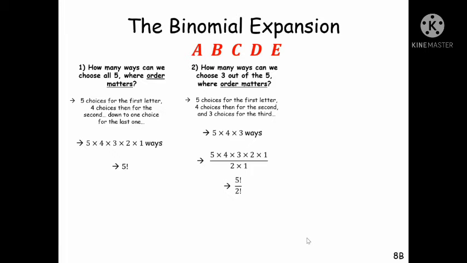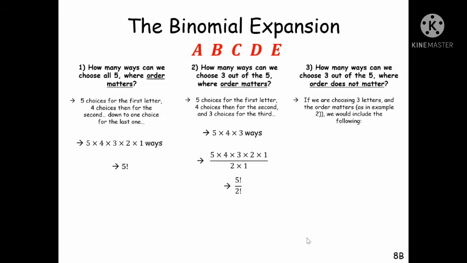For the second one, how many ways can we choose 3 out of the 5 where the order matters? We have 5 for the first, 4 for the second, 3 for the third: 5 times 4 times 3. And we can do 5 times 4 times 3 times 2 times 1, so 5 factorial, over 2 times 1, so 2 factorial. We get 5 factorial over 2 factorial. How many ways can we choose 3 out of the 5, where however now the order doesn't matter?